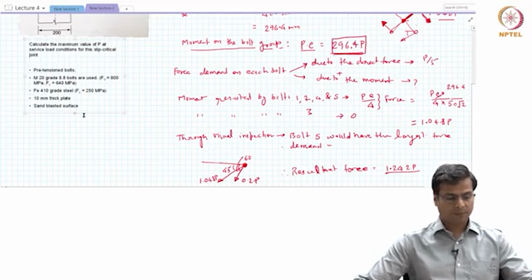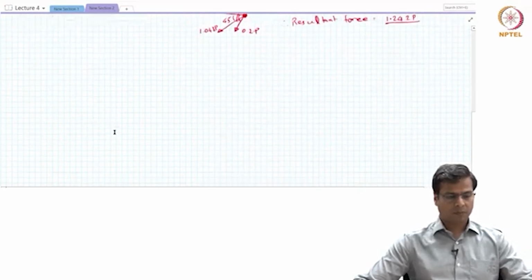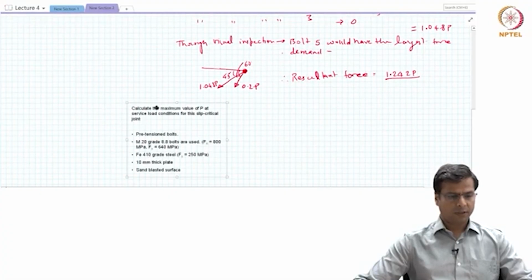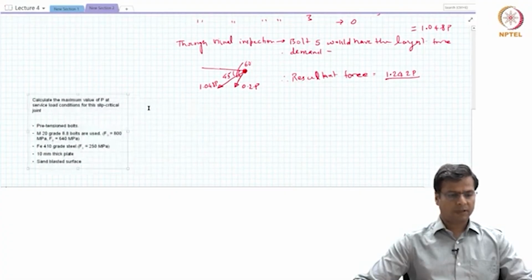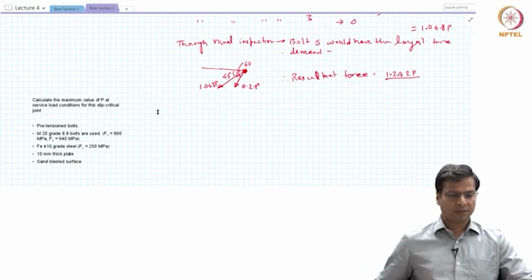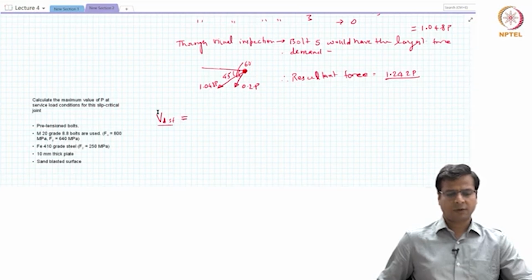So capacity will depend on what type of bolt it is, what type of pretension we have applied, and what type of surface it has. If you remember, VDSF was the term used for calculating the design strength of a friction grip bolt.